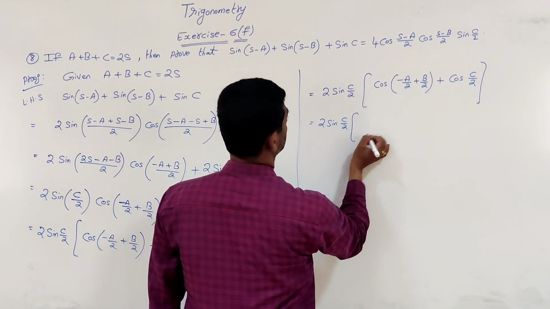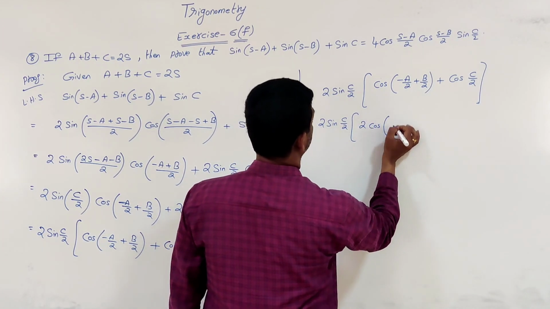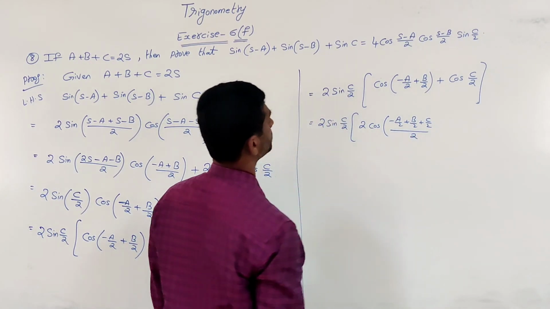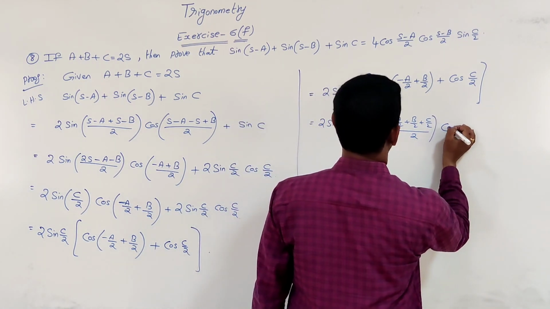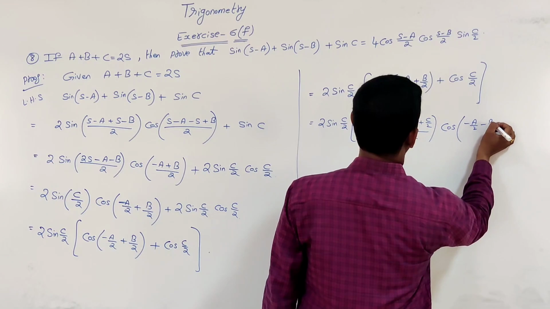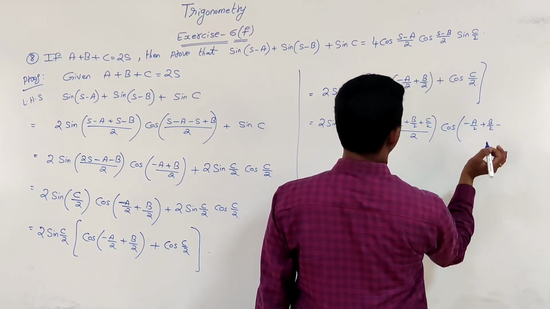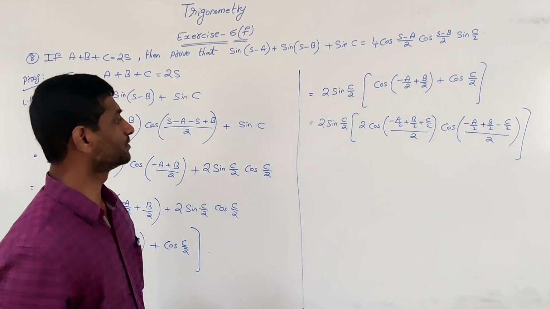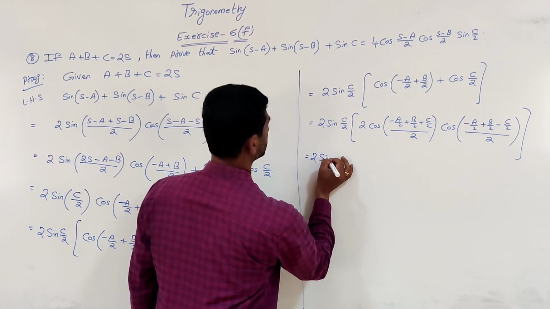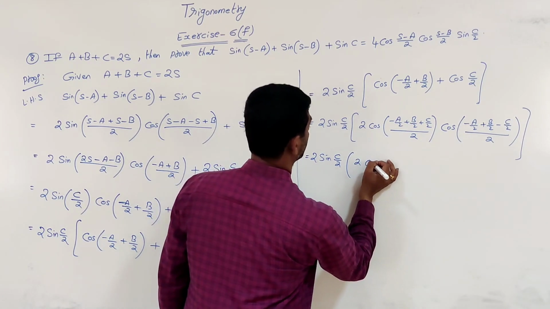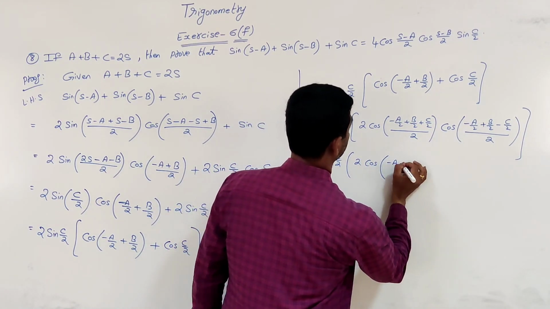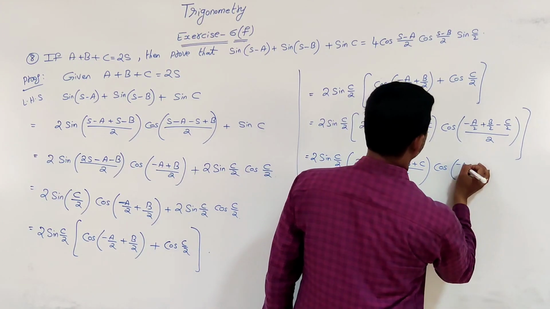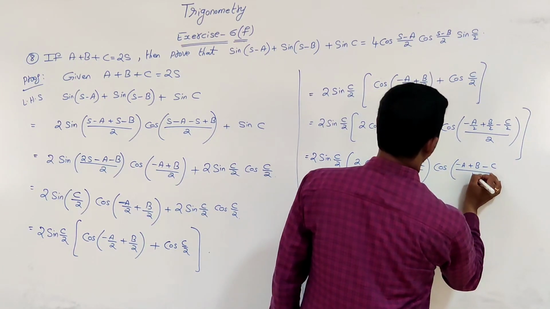If you apply the transformation, cos C plus cos D is 2 cos of (C plus D)/2 cos of (C minus D)/2. So 2 sin c/2 times 2 cos of (minus a/2 plus b/2 plus c/2)/2 times cos of (minus a/2 plus b/2 minus c/2)/2, which is 2 sin c/2 times 2 cos of (minus a plus b plus c)/4 cos of (minus a plus b minus c)/4.